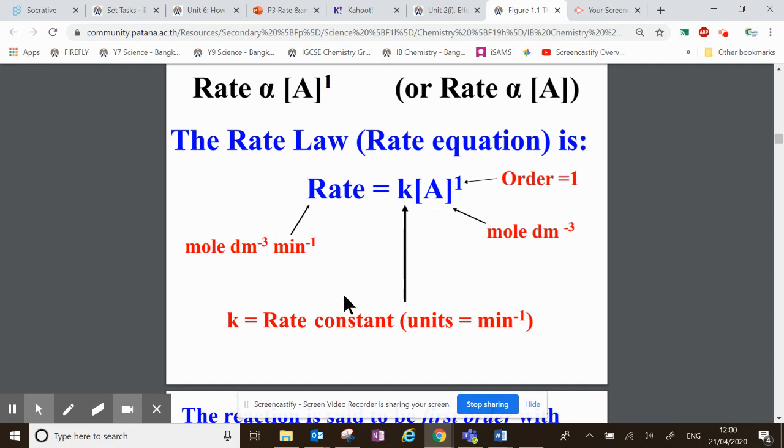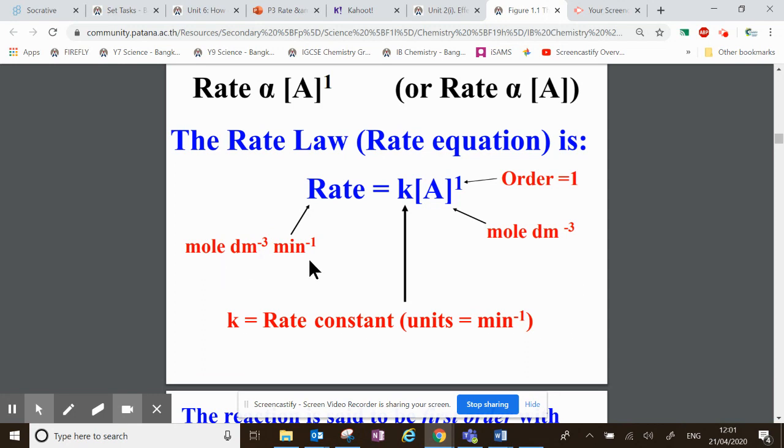Putting units in, concentration of A has units of moles per dm cubed, and the rate will be moles per dm cubed per minute, or per unit time, because remember rate, from the equation we saw, is change in concentration per unit time.